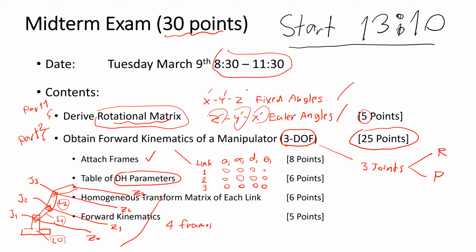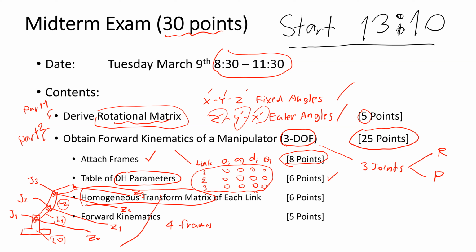If you can correctly attach the 4 frames, you can get 8 points. And of course, when you construct the table of the DH parameters, if you can fill in all the correct parameters, you can get 6 points. For the parameters, we have the homogeneous transform matrix.